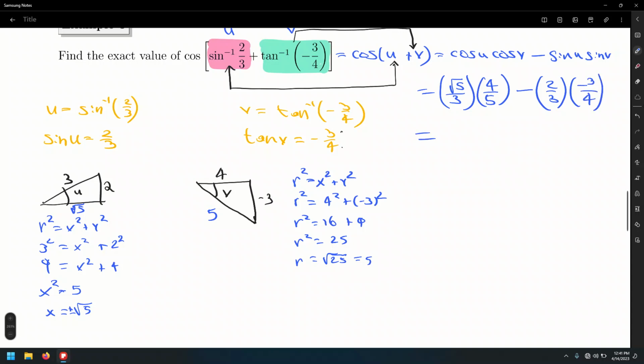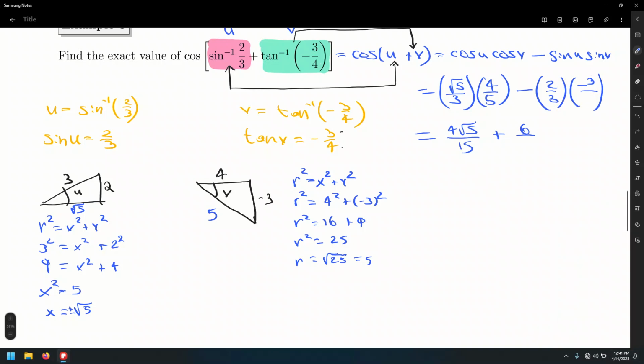And we're ready to go with this calculation here. The denominators for both will be 15. Root of 5 times 4 is simply 4 root of 5. And for the second term, careful: negative times a negative equals positive. And 2 times 3, that's a 6, over 3 times 5, sine of v.